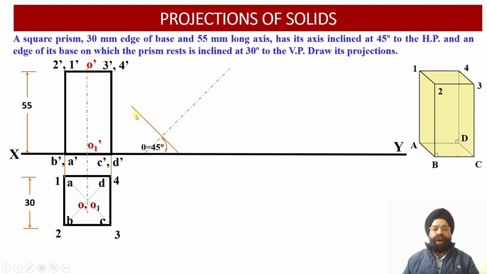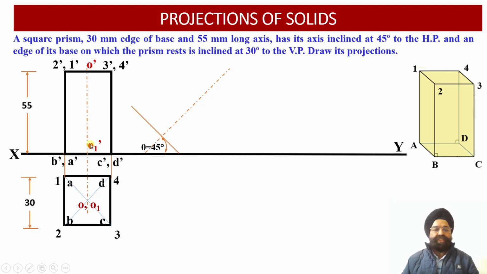Now once we draw this base at an angle of 45 degree, we have to mark this point over here in such a way that this distance C dash, D dash and O1 dash should be marked at an angle of 45 degree with respect to the horizontal plane, and this point will give us the location of the axis point over here.